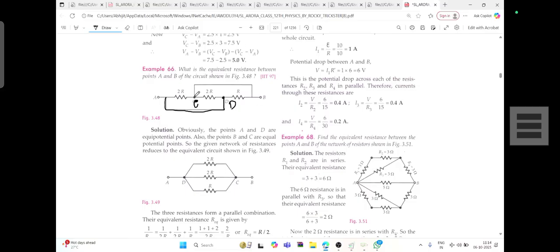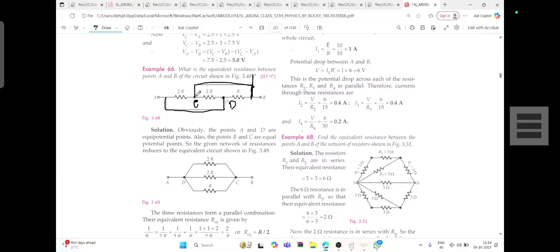Similarly, C and B are similar. So you can assume the points C and B are the same point, at the same potential.